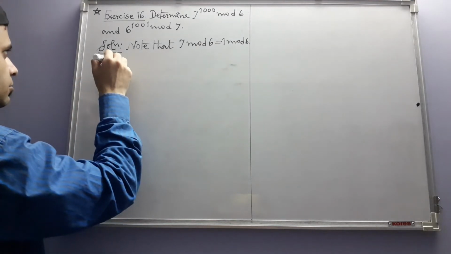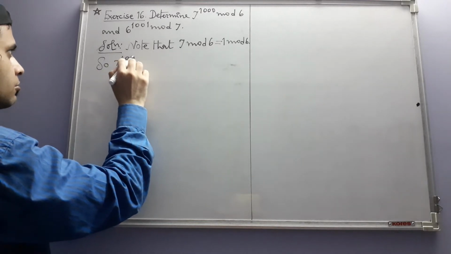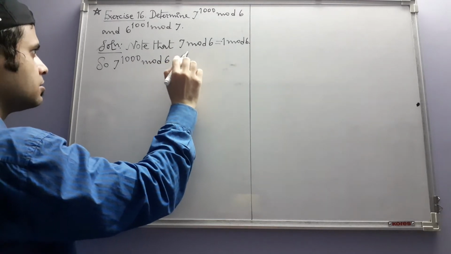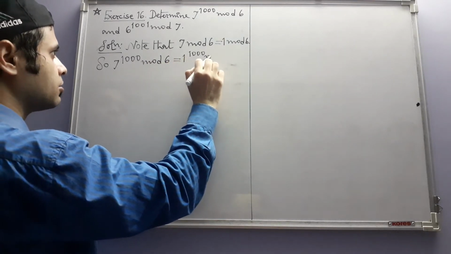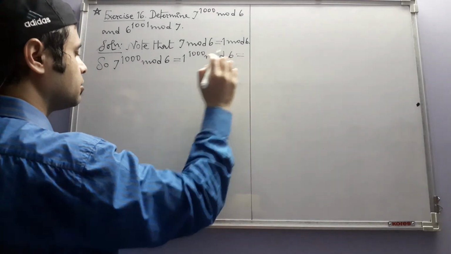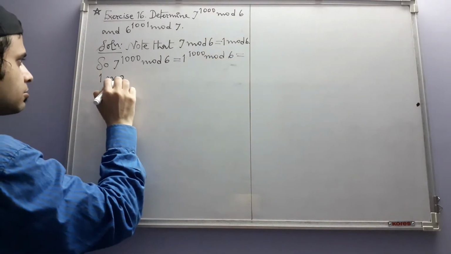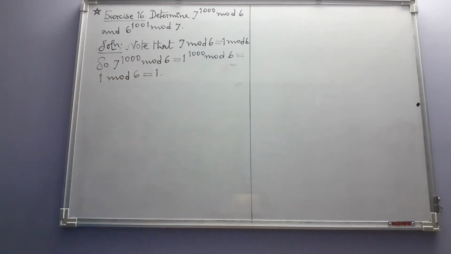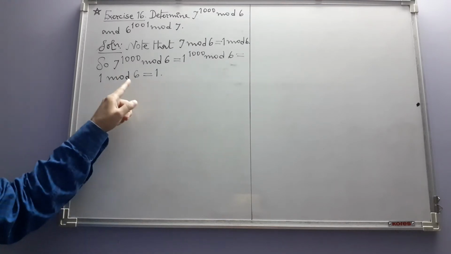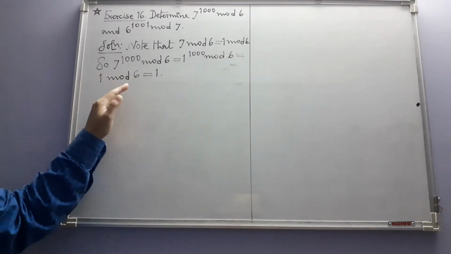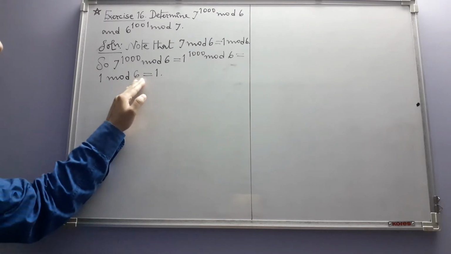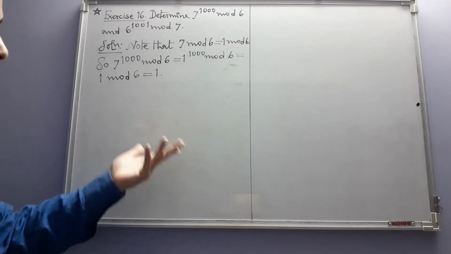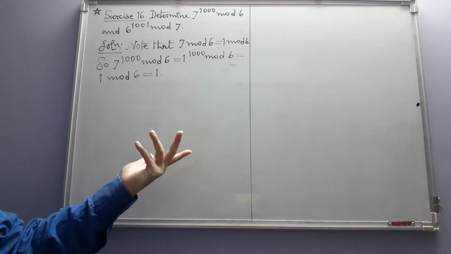So 7 to the power 1000 mod 6 is 1 to the power 1000 mod 6, that is equal to 1 mod 6, and 1 mod 6 is 1 because when we divide an integer by something and the integer is non-negative and less than that divisor, then the integer itself, by the structure of the division algorithm, becomes the remainder.